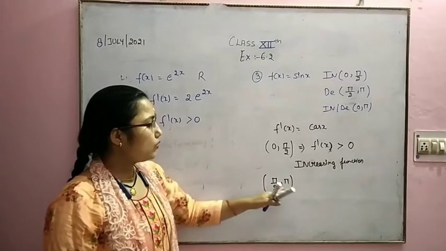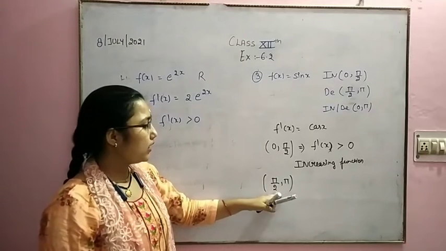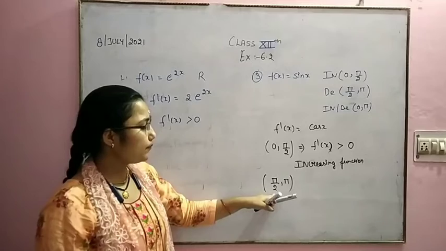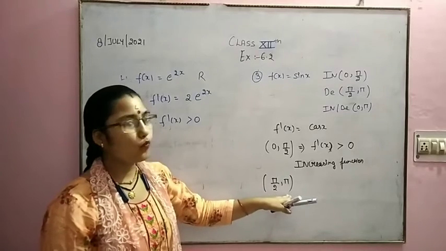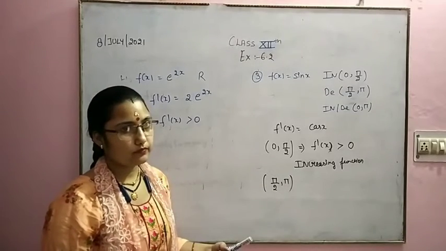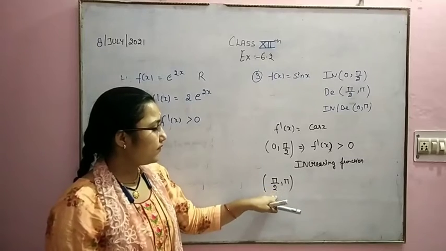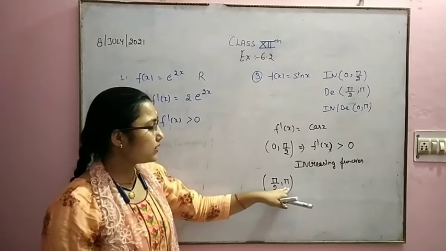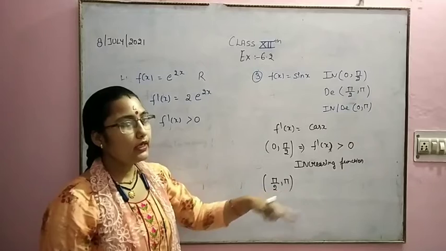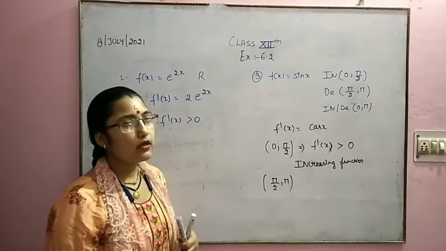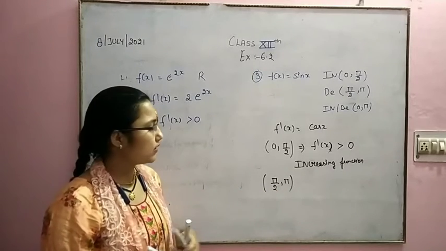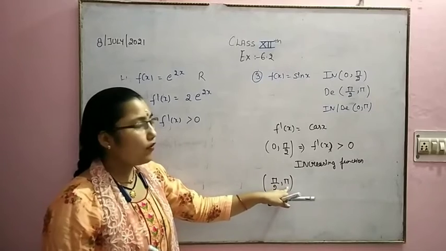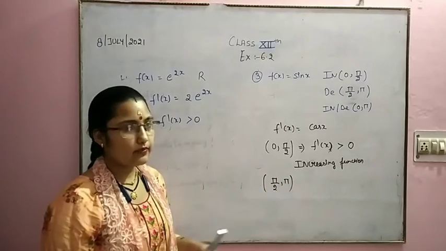For pi by 2 and pi, if we find the value between 90 and 180, what do we get? Between 90 and 180, as we consider regularly, the value of cos is decreasing. Just check for 180, cos 180, what do we get?